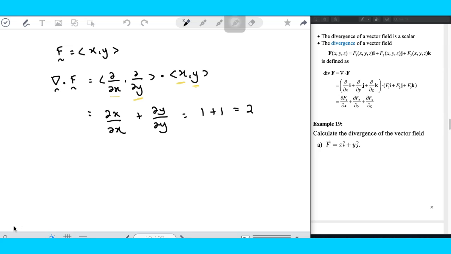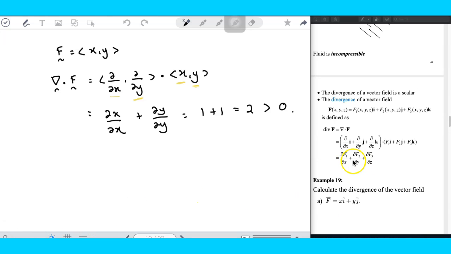So we got 1 plus 1 and you got 2. In this case your divergence is positive, meaning that for any point there, that point is always a source point. How can you know that?